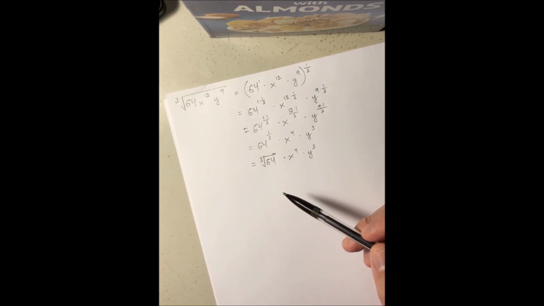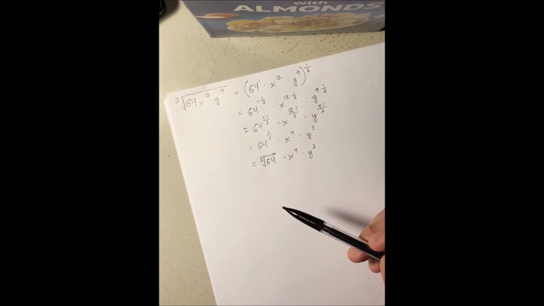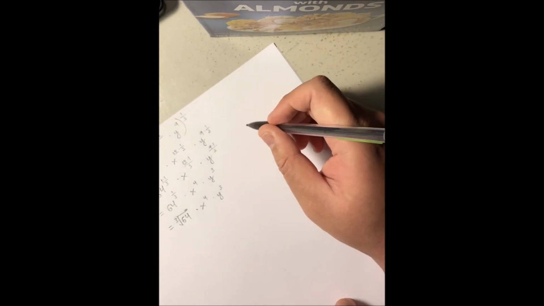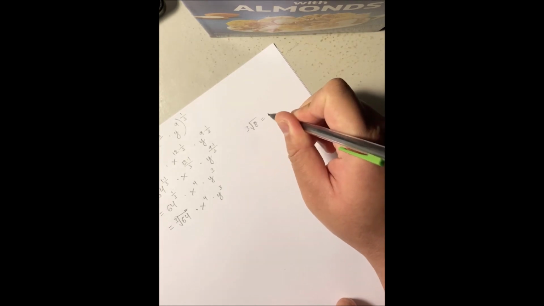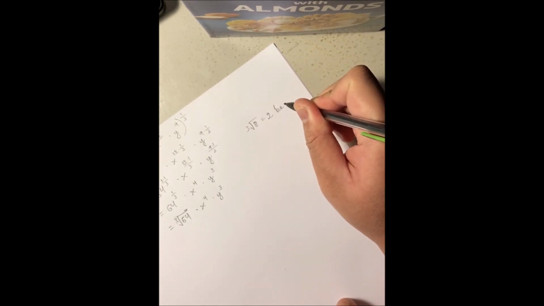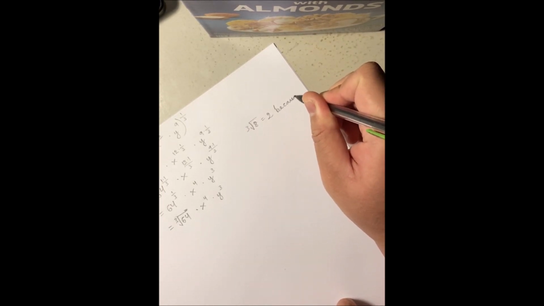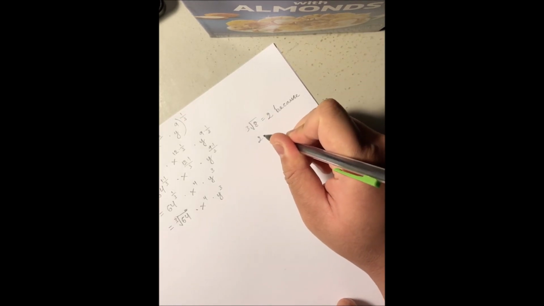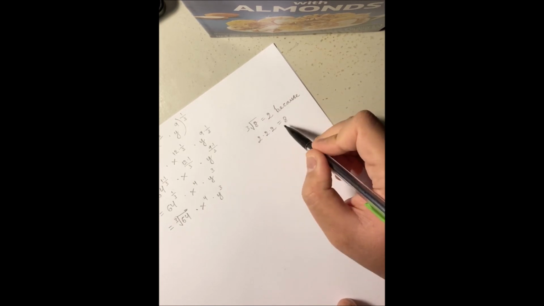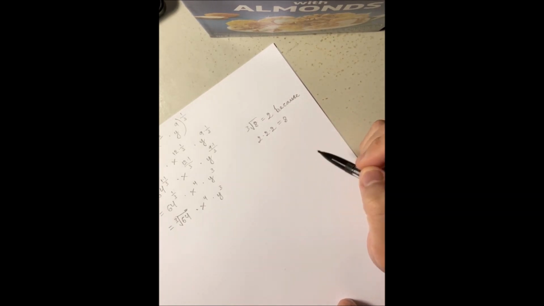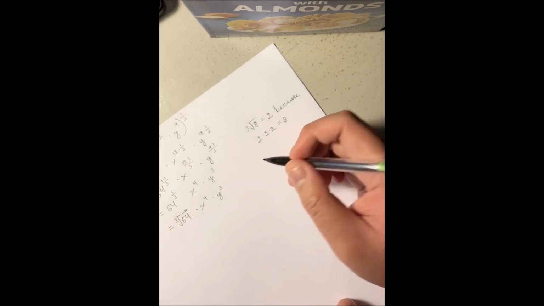Okay, so for example, if you have cube root of 8, well, cube root of 8 is going to be equal to 2 because 2 has to multiply itself 3 times like this, and it's going to give you back the radicand 8. Okay, and of course another example could be 125.